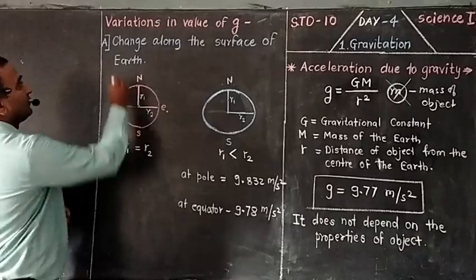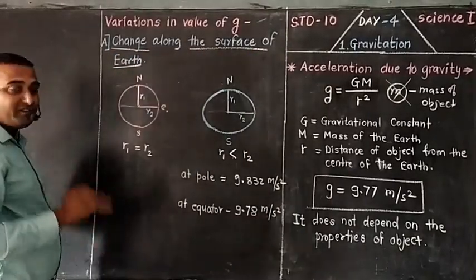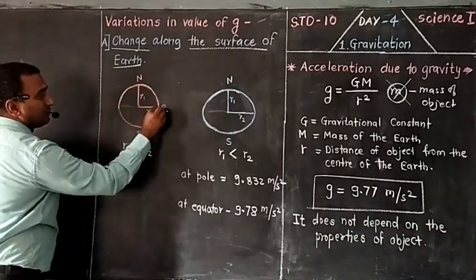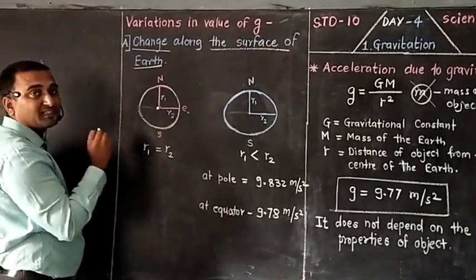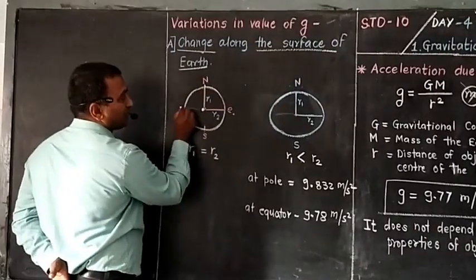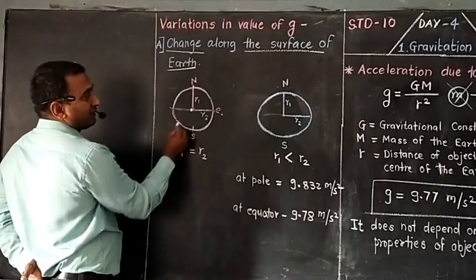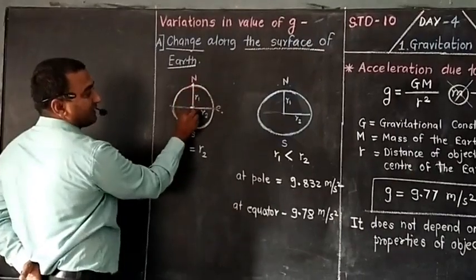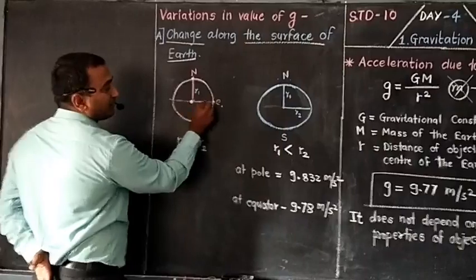How is it? See, along the surface of earth. When we discuss the sphere, within the sphere there are two radii. Suppose earth is spherical. Suppose this one is the north pole, this is the south pole, and this is considered as the equator. Then if it is a sphere, the center and north pole, that is a radius, and the center and one point on the equator, that is also a radius.